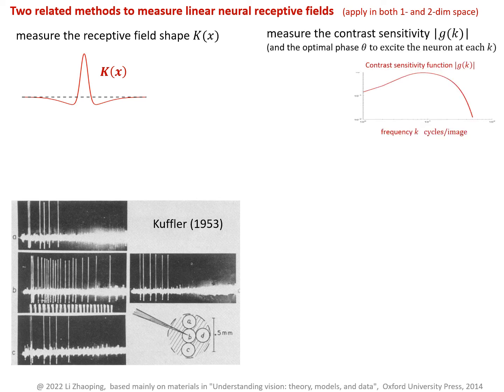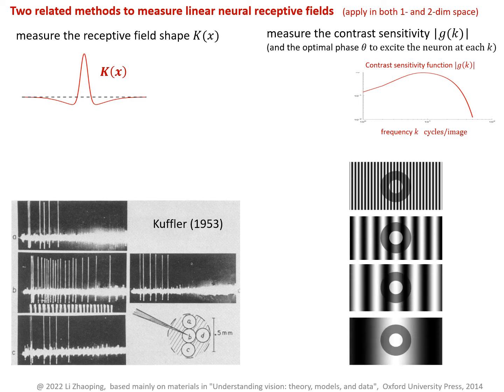One can also measure the contrast sensitivity function Gk of a neuron by showing gratings at different frequency k and see how the neuron responds, and also see at which phase value theta of the grating for each frequency k is the best to excite the neuron. And these two methods are related or interchangeable, when the neural response is approximately a linear function of visual inputs.